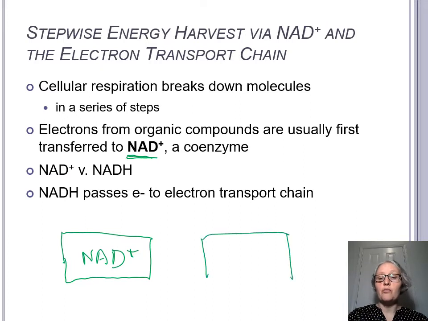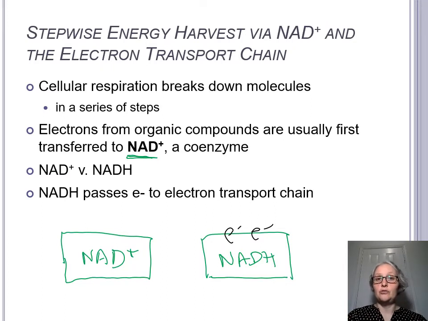There's another form of the box called NADH that is similar, but it also contains electrons. So we have this molecule that can be oxidized or reduced. Again, if you've lost your electrons, you're oxidized. If you've gained electrons, you're reduced.